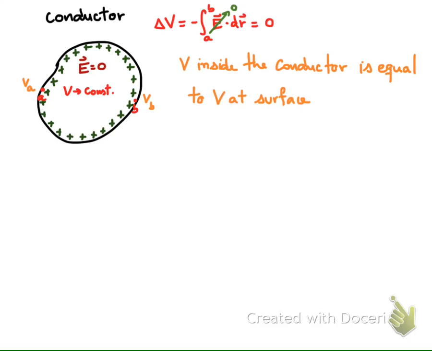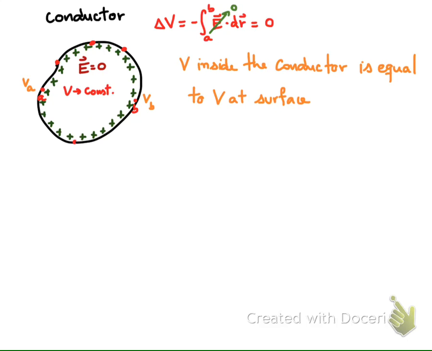But the position of A here can be any point on the surface. I can put A at any point on the surface, maybe this point, this point, this point, or this point. And I must have the same conclusion, that at every point on the surface, the electric potentials are equal.